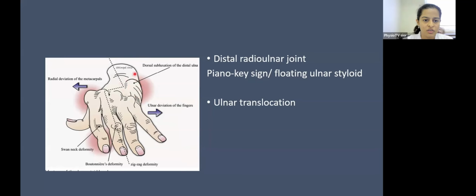However, because of the involvement of these ligaments, this extensor carpi ulnaris tendon shifts volarly and acts as a flexor, increasing the deformity. And therefore, there is unopposed radial deviation forces and causes ulnar carpal subluxation. There is also ulnar translocation because of the destruction of the radiolunate ligaments, and hence leads to ulnar deviation. So the piano key sign or the floating ulnar styloid is therefore seen as the ulnar styloid is more prominent.